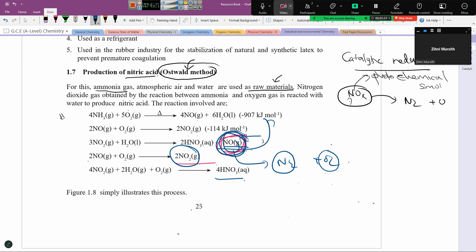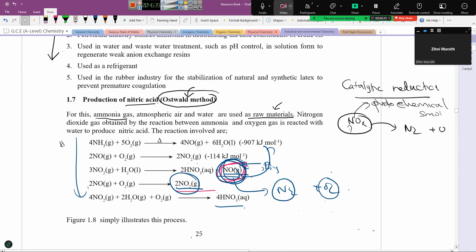This is a byproduct we can call, right? The byproduct is oxidized to NO2 gas, and then the NO2 gas is subjected to the oxidizing chamber, and again it is dissolved in water, right? So you should know all these 5 reactions. This is how you have to remember it.